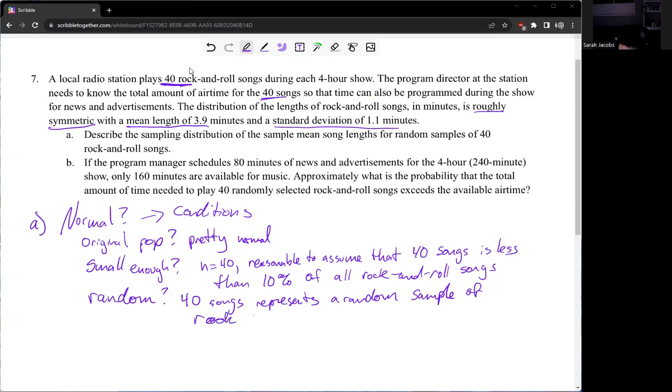I'm just going to say rock songs. Last but not least, is it big enough? For means, big enough just means is n greater than or equal to 30. Well, 40 is greater than or equal to 30, so it's big enough. All right, so we've checked our conditions.